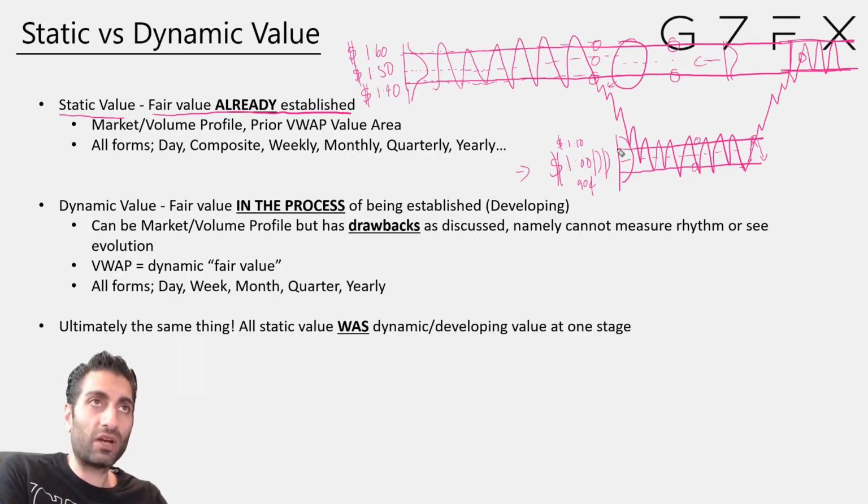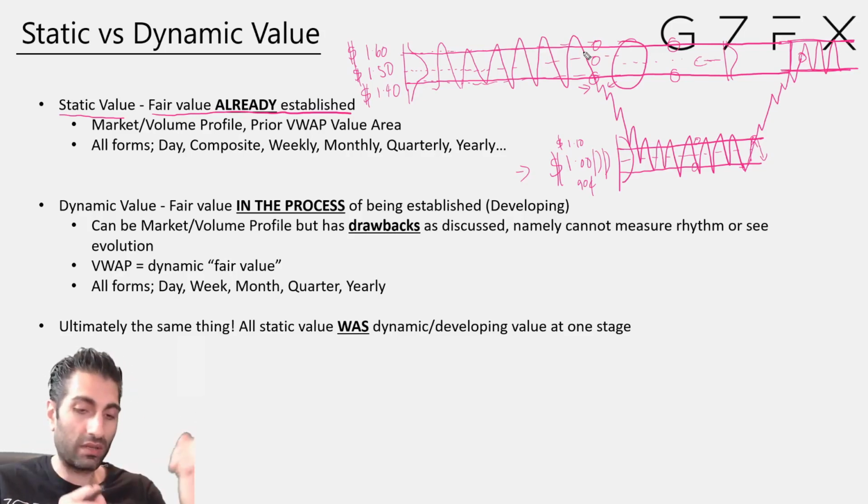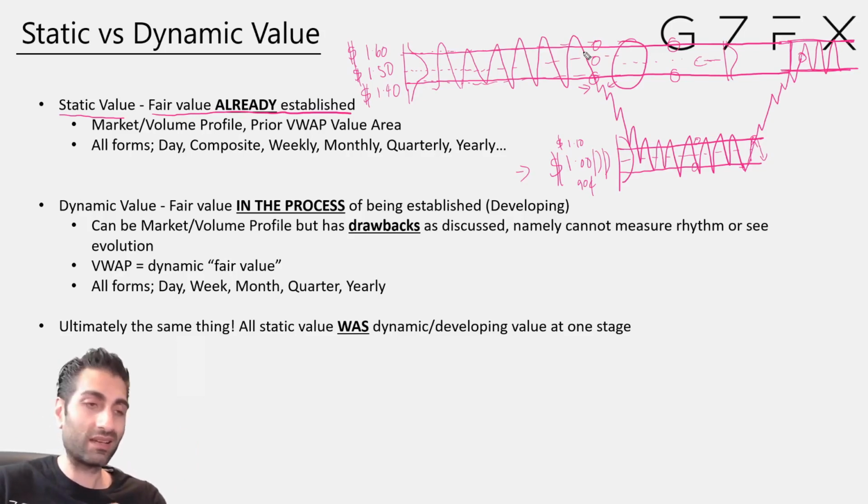So I can have a hypothesis, for example, whether we are here and I expect the price of milk to go imbalanced. And this is what I want you to do in this section: start thinking about lines in the sand in terms of static value.